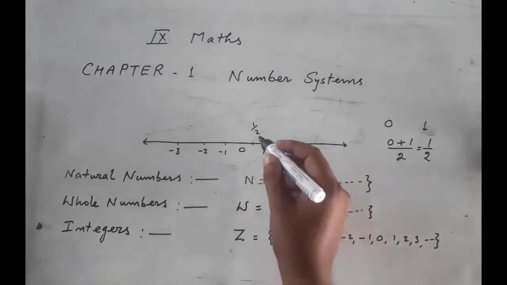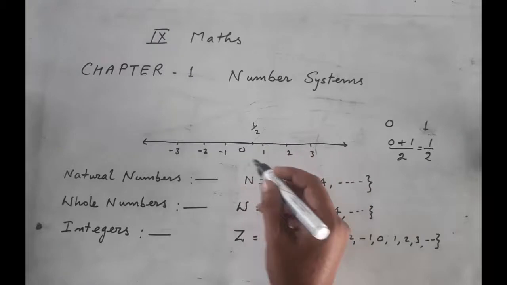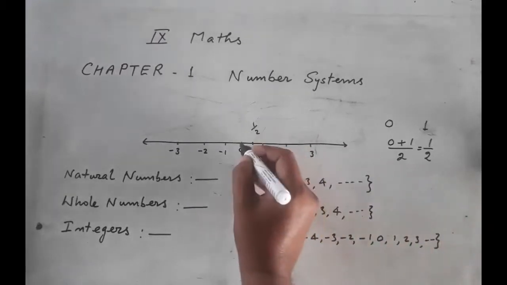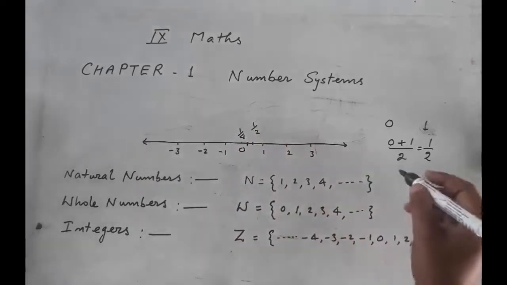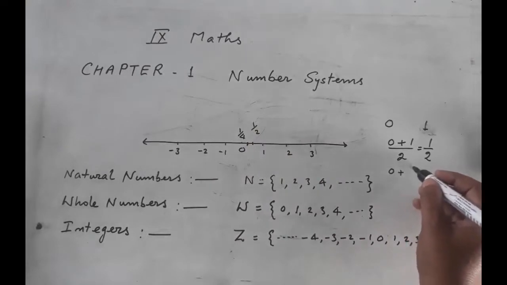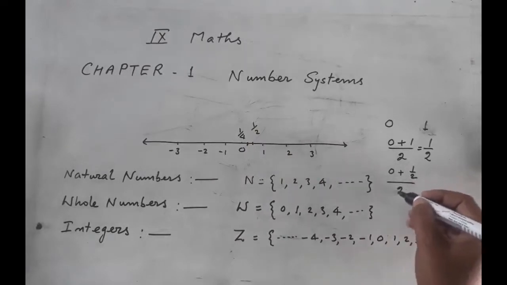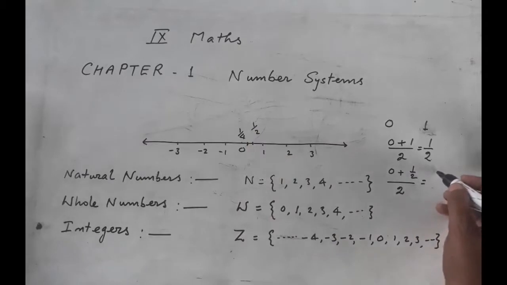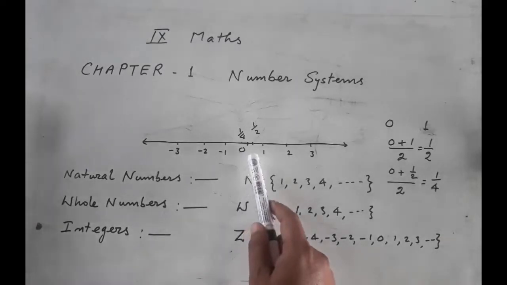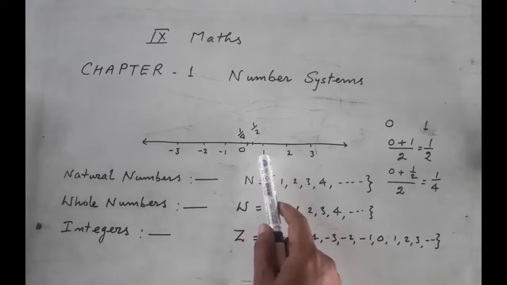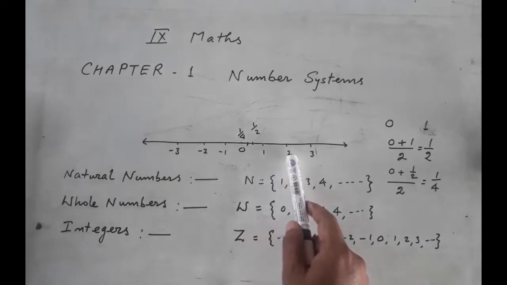Similarly, you can find a number between 0 and 1 by 2. You may also find 1 by 4, that is 0 plus 1 by 2 divided by 2, which is 1 by 4. So there are many numbers between the natural numbers 0, 1 or 1, 2.